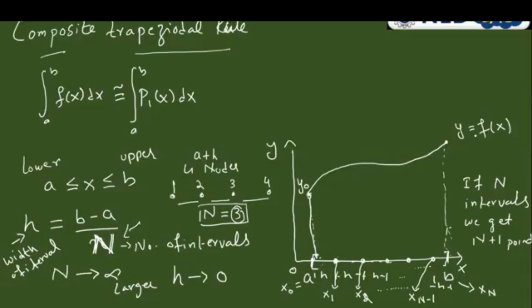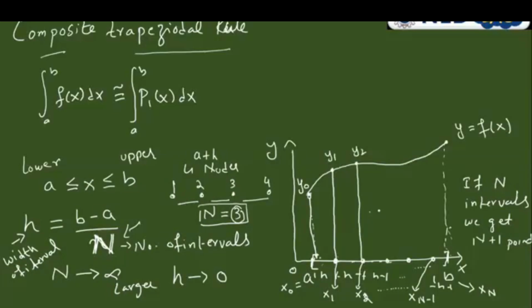I will put x0 in this function, and I will get y0. Similarly, if this is x1, which is known to me, I can put x1 in this function, the integrand, and I will get the height, and that height is y1. Similarly, I will put x2 here, so I will get the height for this point as well.